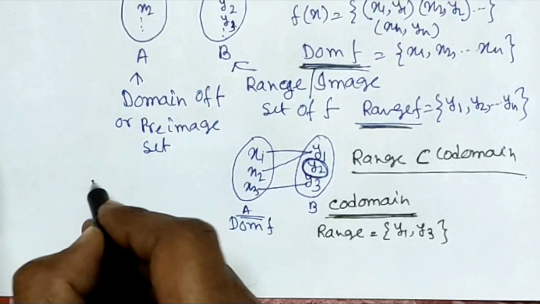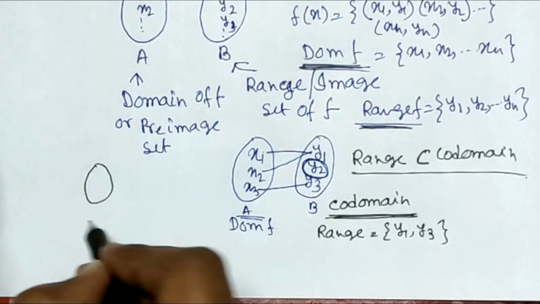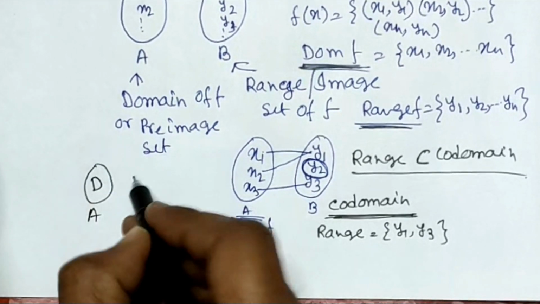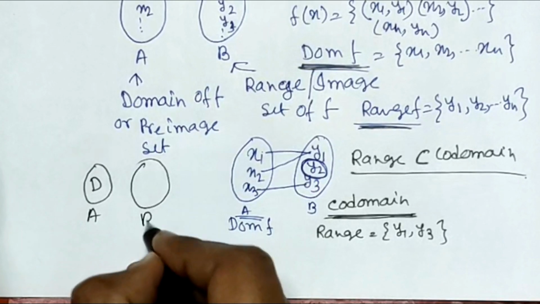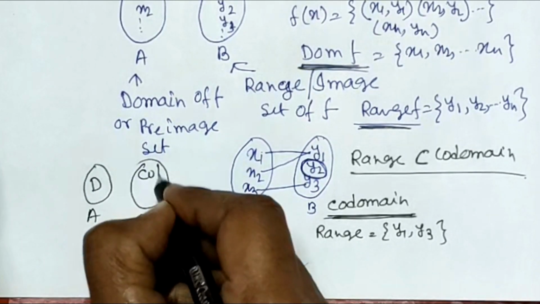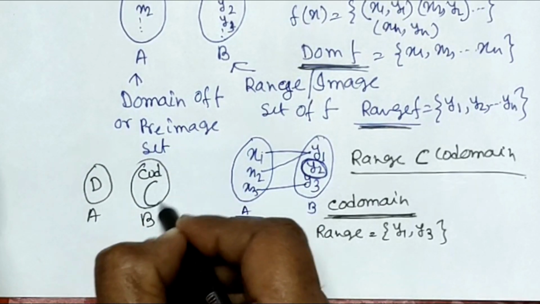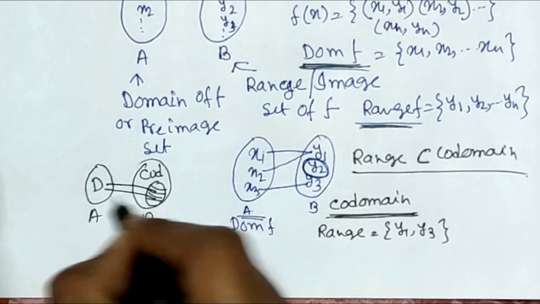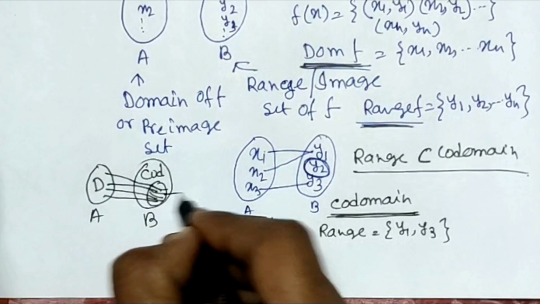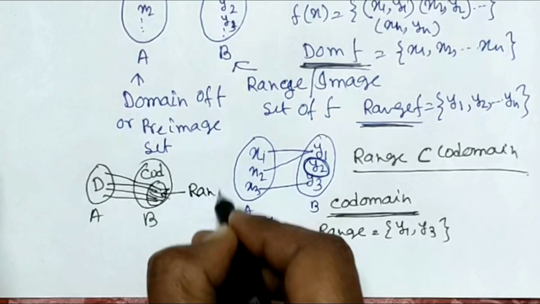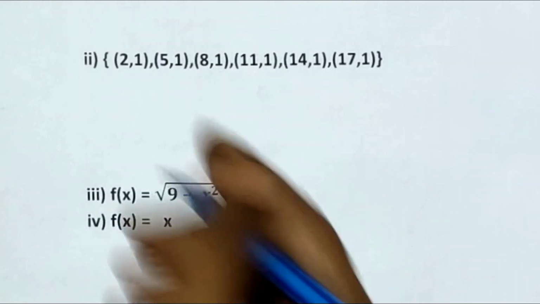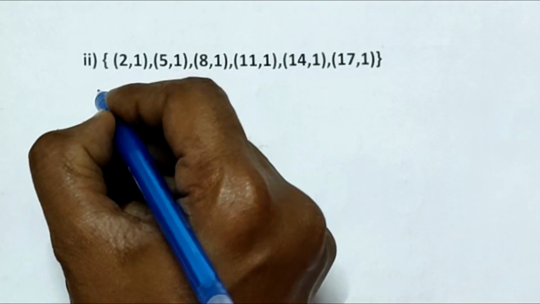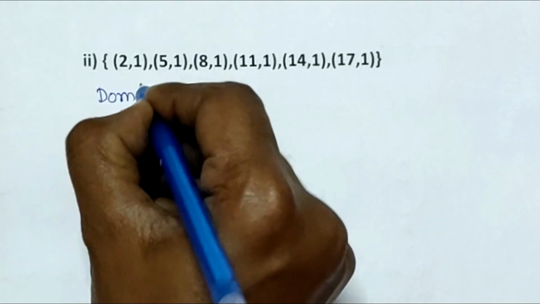Now simply we can say that suppose this is the set A which is our domain, this is the set B which is our codomain, and this set which is related to the elements of the domain set is known as the range set. So by the above discussions we can easily find the domain of this set.